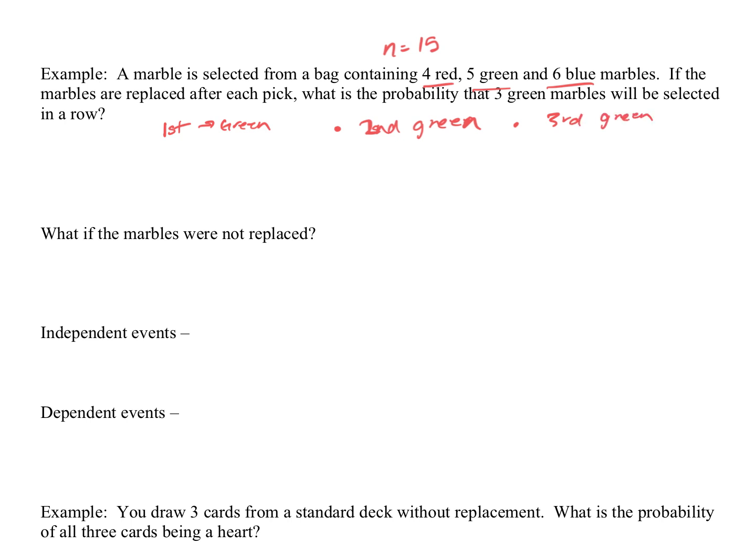What is the probability that the first one's green? 5 out of 15. Times, what's the probability the second one's green? Okay, so in this case, we're putting the marble back, yes? So once I put that marble back and I mix them all up again, I'm still drawing out of 15, and there's still 5 that are green, so it stays 5 out of 15.